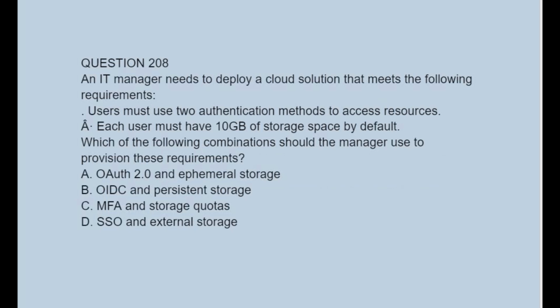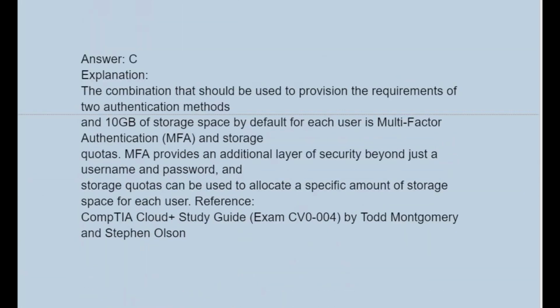Option A, OAuth 2.0 and ephemeral storage. Option B, OIDC and persistent storage. Option C, MFA and storage quotas. Option D, SSO and external storage. Correct answer is option C.